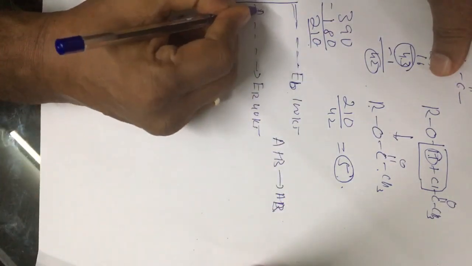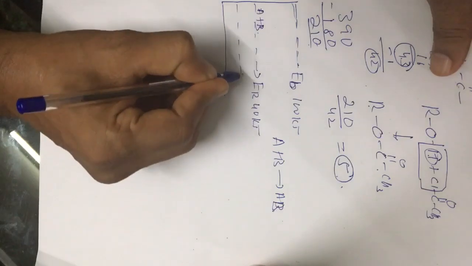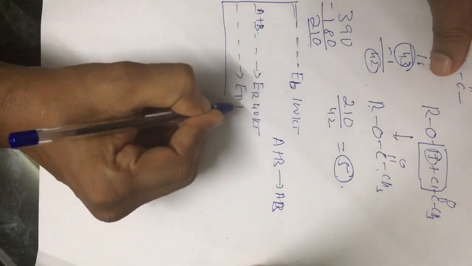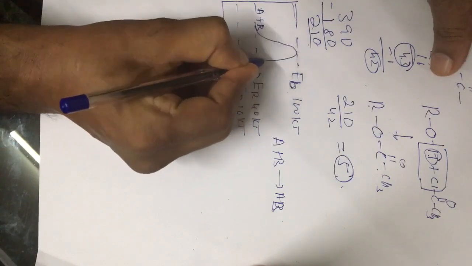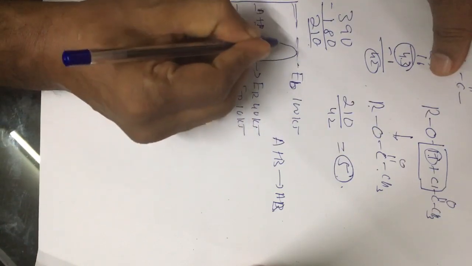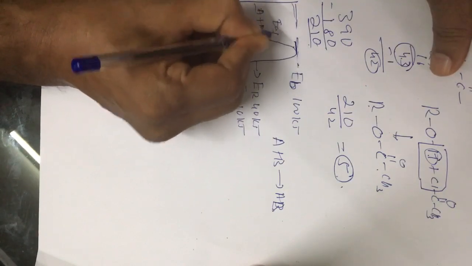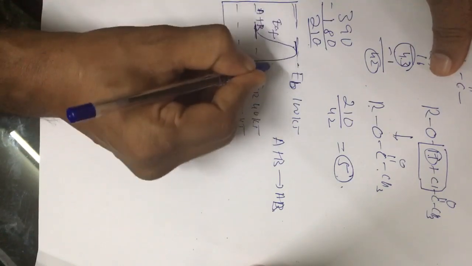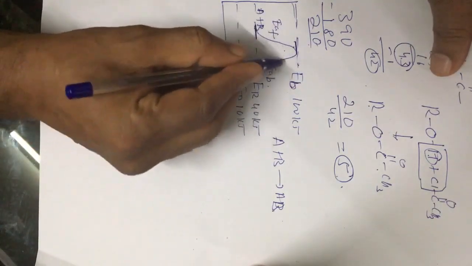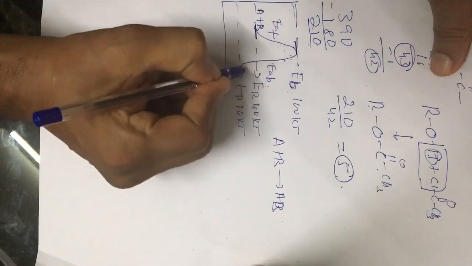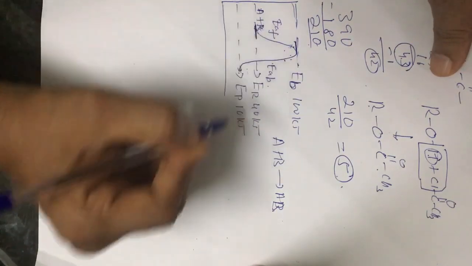Suppose the product is at 10 kilojoule, this is EP. So A and B go here and then come back to the product. This difference is called the energy of activation for the forward reaction, and this is the energy of activation for the backward reaction.